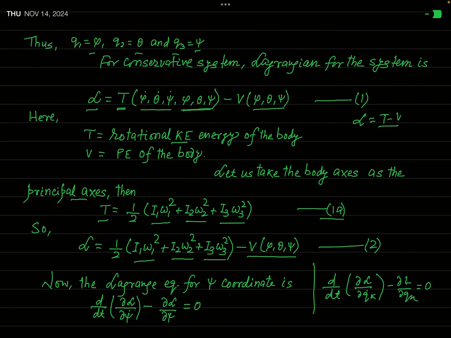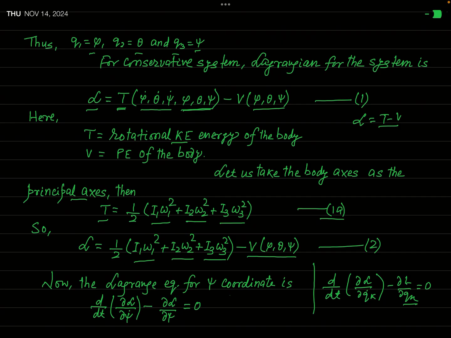This is the Lagrange equation of motion for a conservative system. Here qk are the generalized coordinates and qk dot are the generalized velocities. Here there are three generalized coordinates: phi, theta and psi.